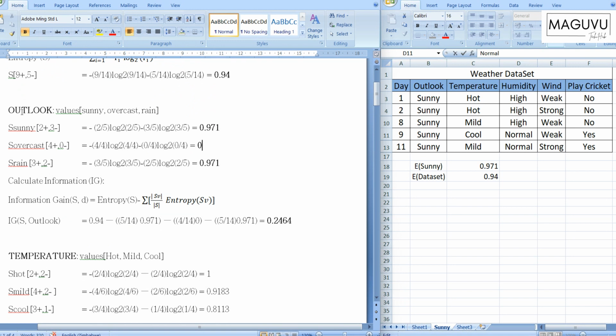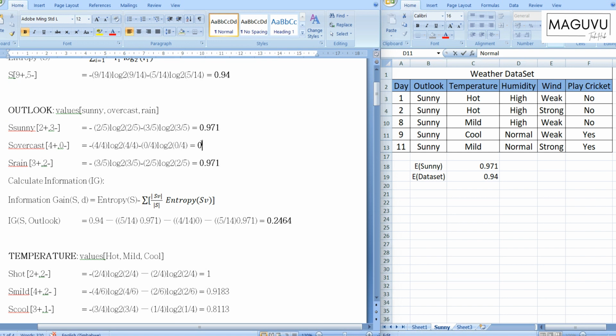Whilst we were calculating the entropies of overcast, we also saw that the entropy there is 0, meaning that when we are coming from Outlook, the main root node, and we are considering overcast, the entropy has reached its leaf.